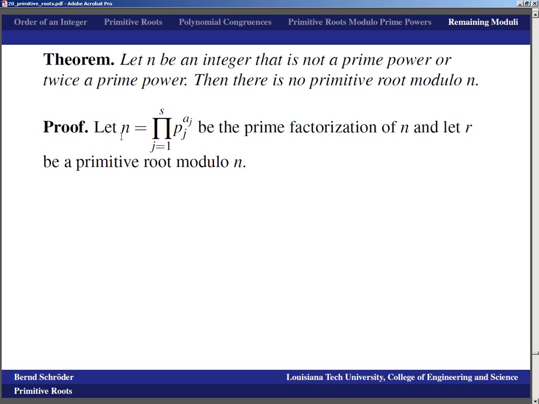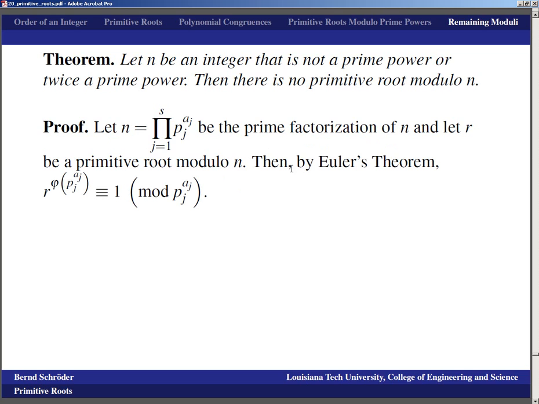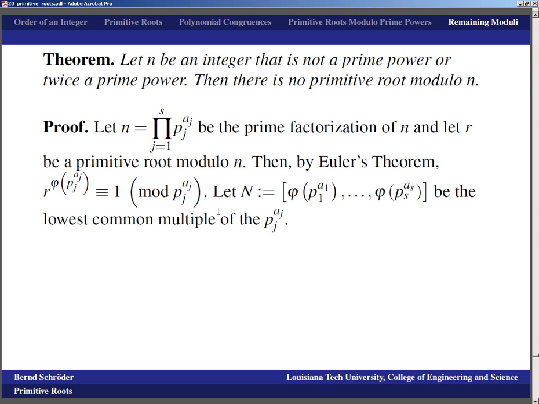And how does that go? Well, we take n to be the product of pj^aj, where this is the prime factorization, and let r be a primitive root modulo n. Well, by Euler's theorem, we know that r^phi(pj^aj) is equivalent to 1 modulo pj^aj.